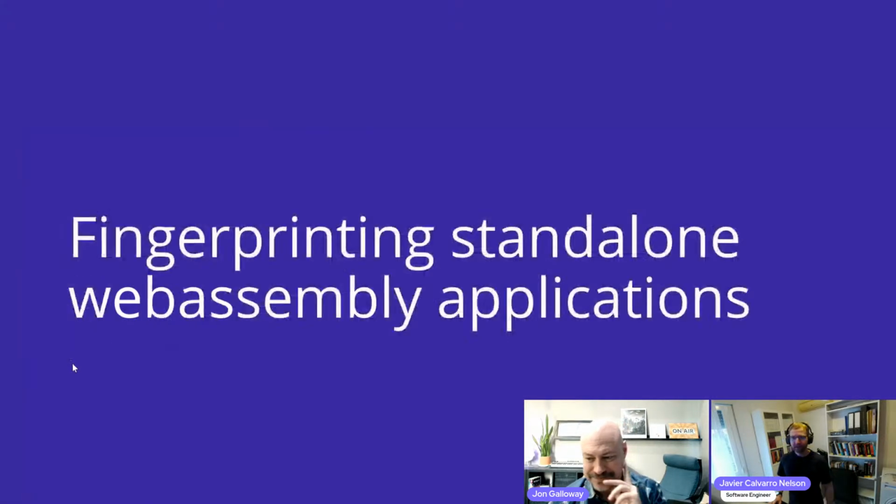So going back to the wonderful PowerPoint, the next thing that we're going to talk about real quick is fingerprinting for standalone WebAssembly applications. So in .NET 9, we did compression and fingerprinting for all the assets in your app with all the benefits that that brings you. So cache busting, immutable caching, reduced application size, and so on.